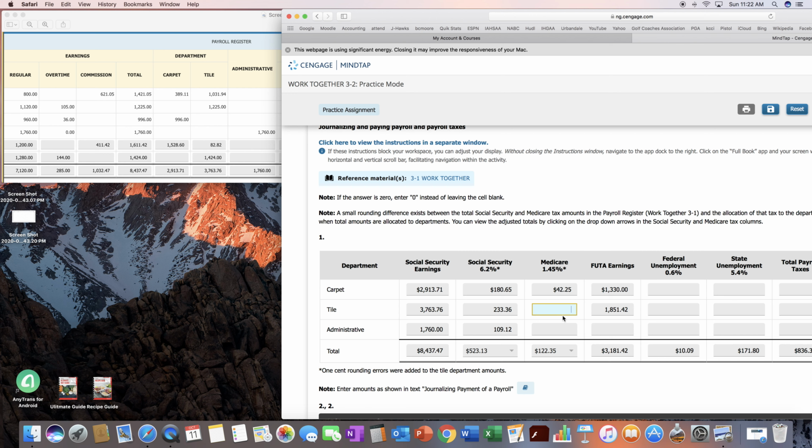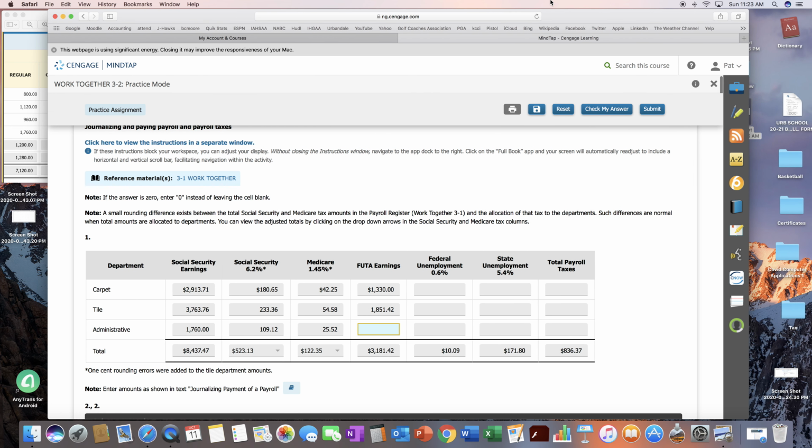So we have Tile here, 55, 54, 58. We have Administrative of 25, 52. There are no withholdings here. And again, this number was given to us in our instructions.